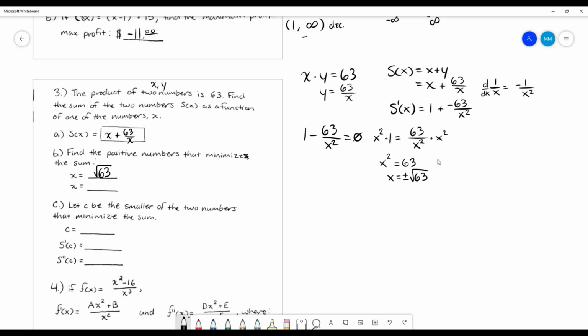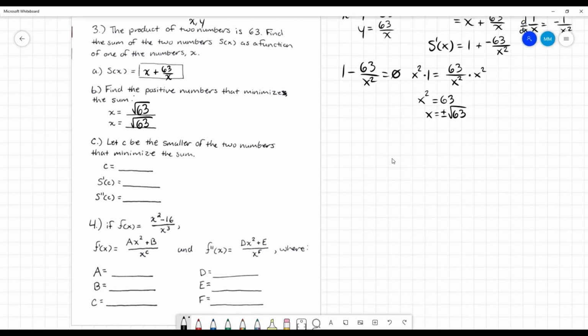And I know the product of the two numbers is 63. So if I had square root of 63 times the square root of 63, that would equal 63. They're both the square root of 63. And I know that feels a little weird. I didn't expect that to be accepted, but that is at least what they were looking for with mine. And it really caught me off guard.